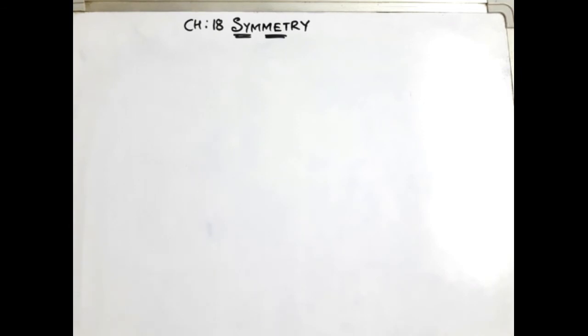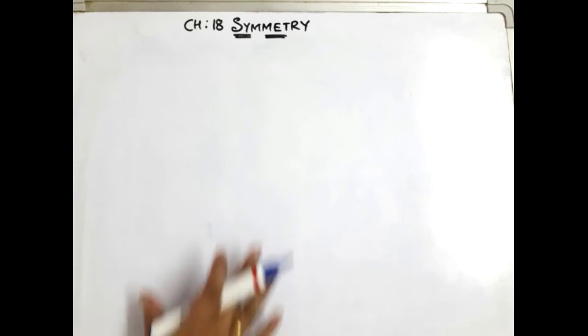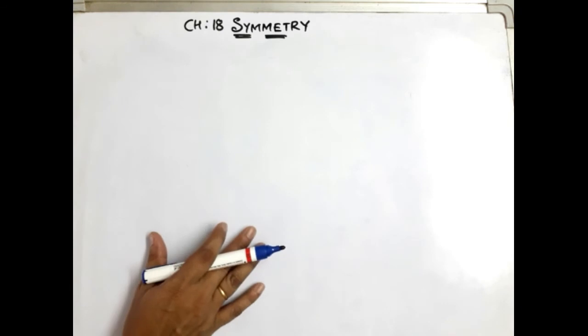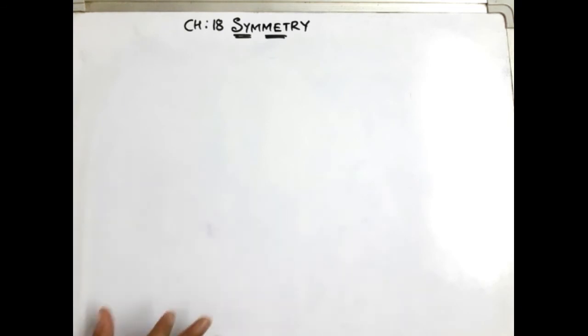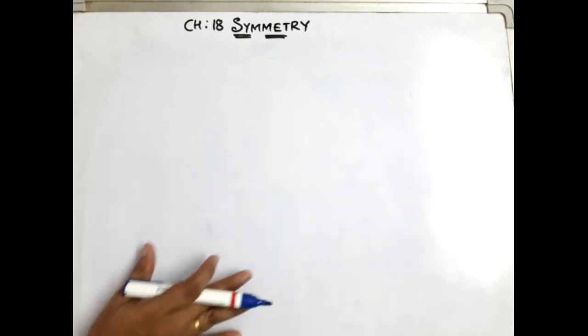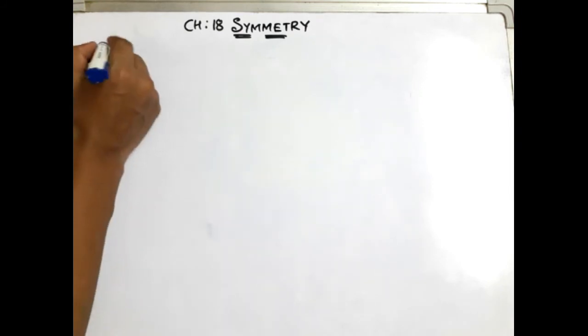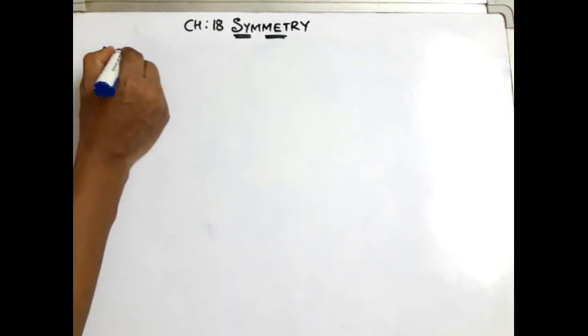Until I instruct you, don't copy anything of this class into your CW. Just follow the instructions carefully. Today probably you are going to have only an explanation class, so don't copy anything of this board into your CW or HW. First let us look at the definition of symmetry.